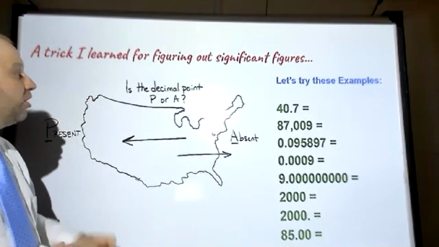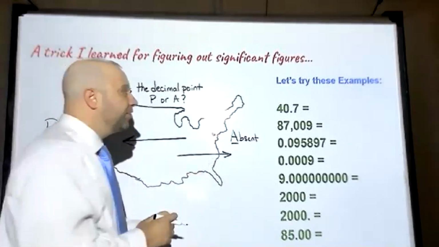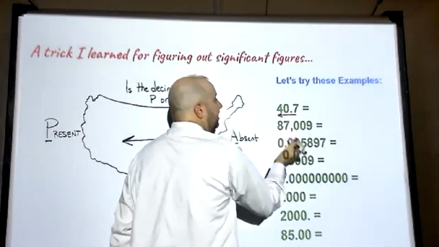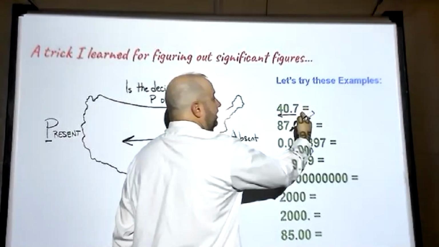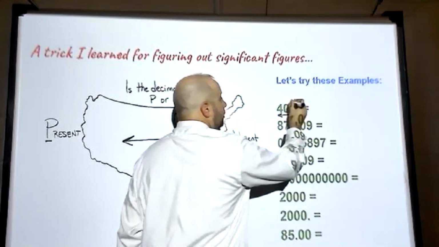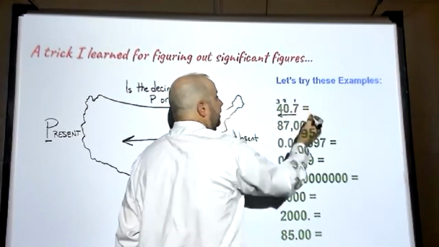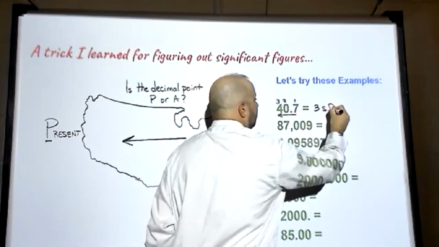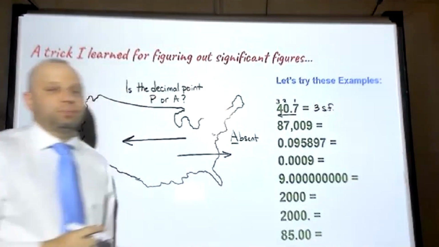If we look at the first one, we have a decimal point. It's present. So we're going to count going in this direction. We're going to start all the way on the right side and go all the way to the left. So this has 1, 2, 3 significant figures. So we're going to write 3 significant figures.